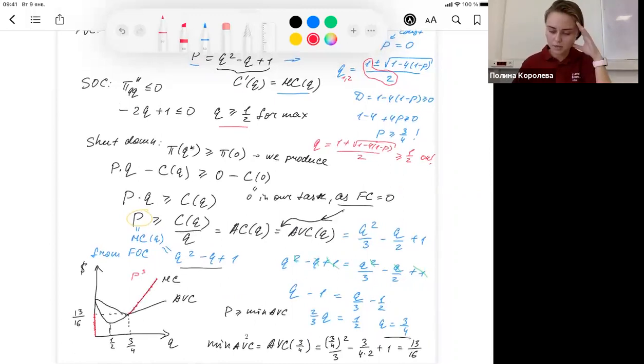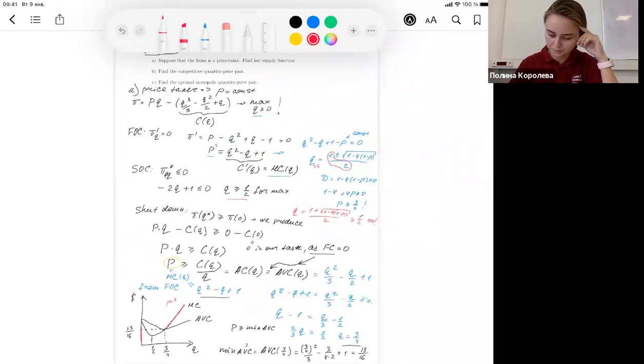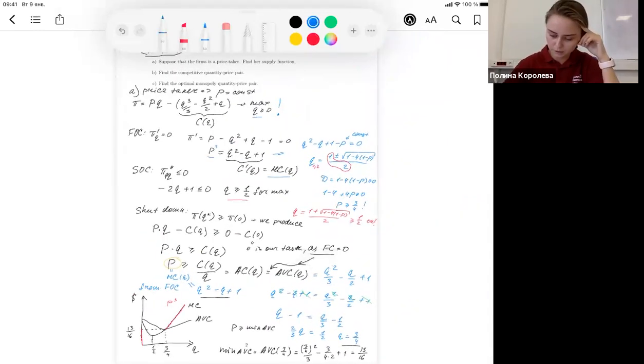Now we're ready to write down the supply function for our firm. Let's do it.